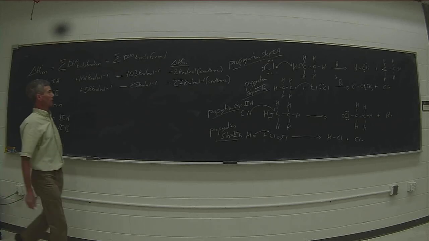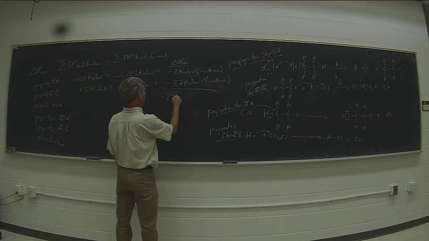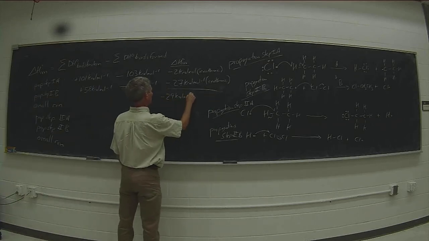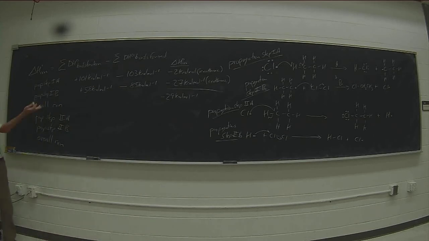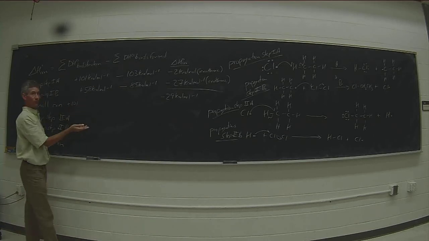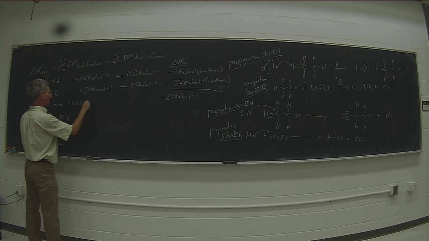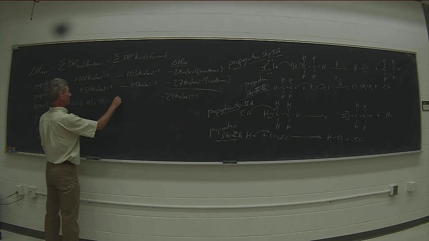Which means the overall reaction, which can be taken by summing these two, is minus 29 kilocalories per mole, assuming I did those calculations correctly. And if we wanted to do the overall reaction, we would simply add up the 101 kilocalories per mole for the carbon-hydrogen bond and 58 kilocalories per mole for the chlorine-chlorine bond.